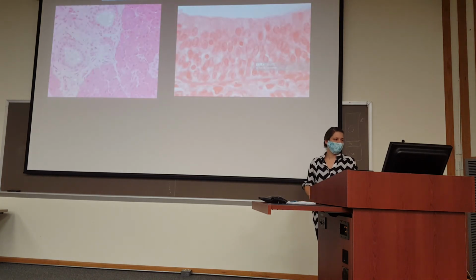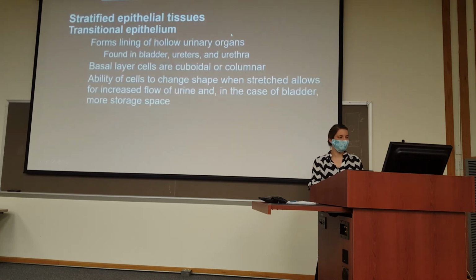I think I have a picture, but it really doesn't show up very often. This over here, don't worry about too much, but you've got a couple layers thick that are cuboidal, and a couple thick that are columnar. It's really hard to tell. I was having a hard time finding a picture of this. It's not that common, but it exists, so that's cool.